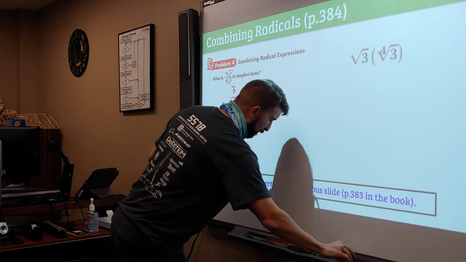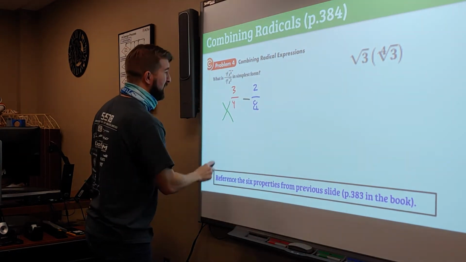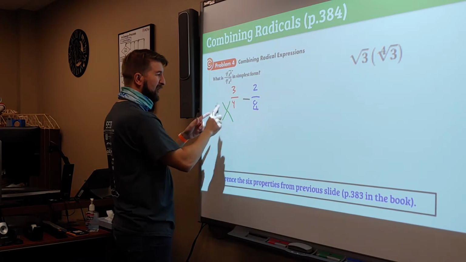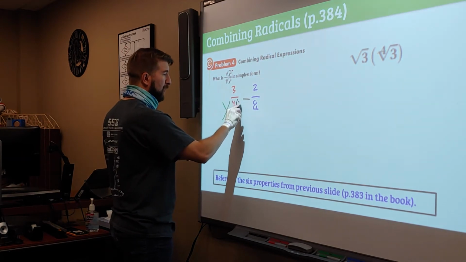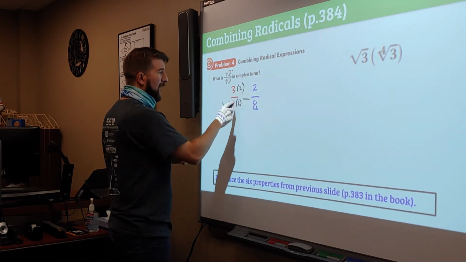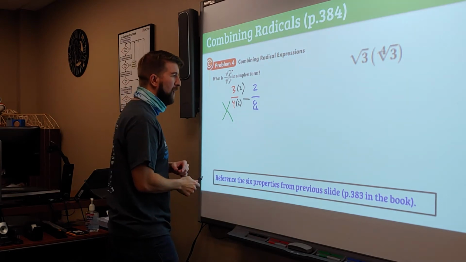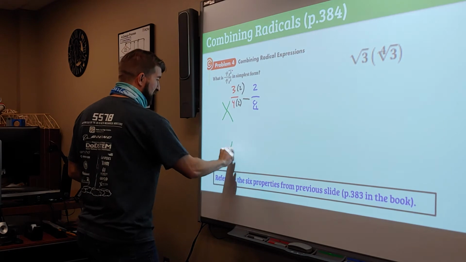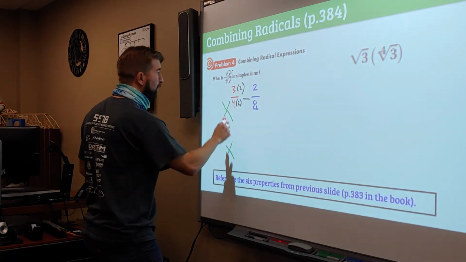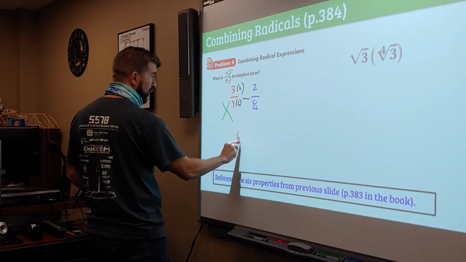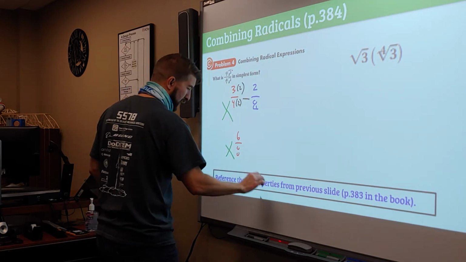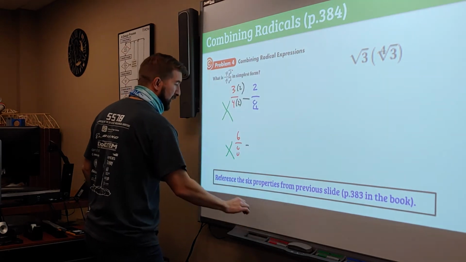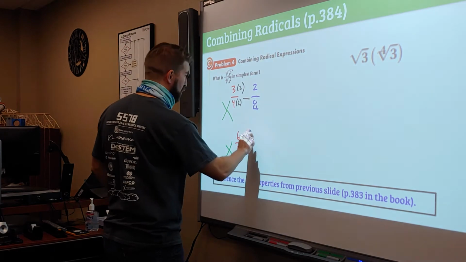So in order to get an 8 here, I'm going to multiply by 2, and I've got to multiply both of those by 2. So I'm going to rewrite this as x to the 6 over 8 minus 2 over 8.